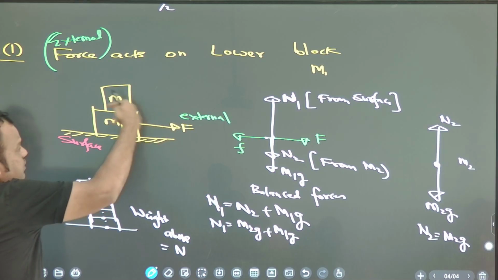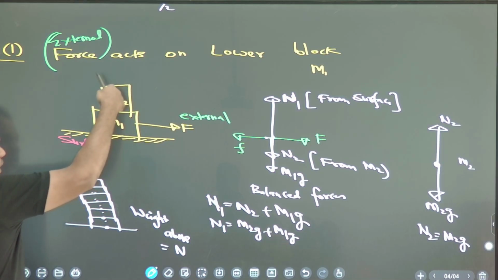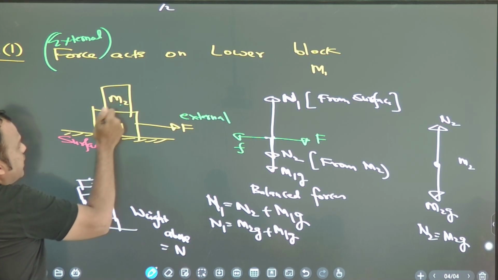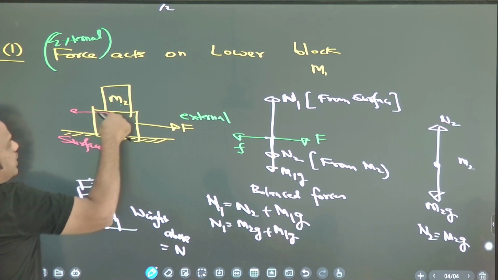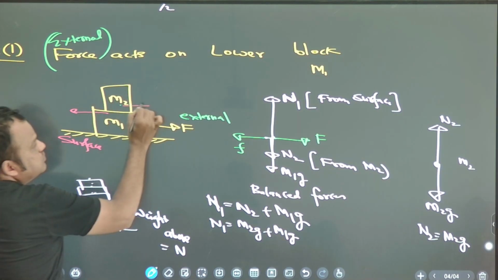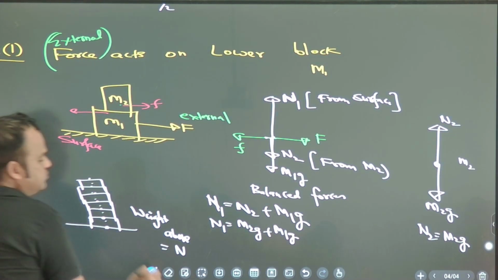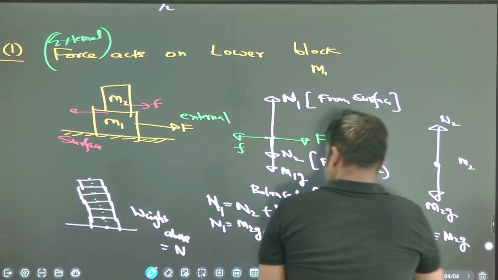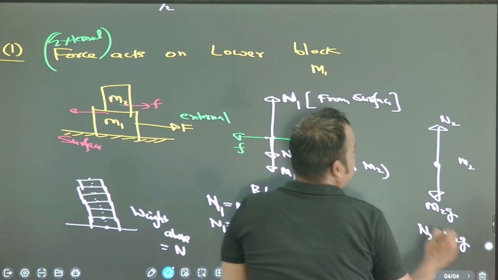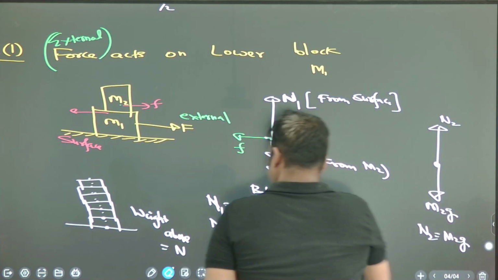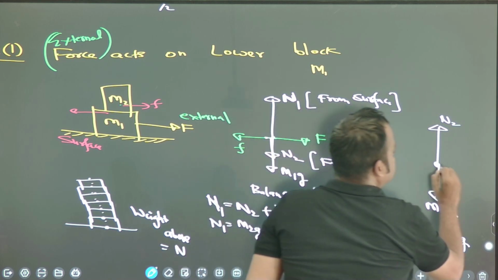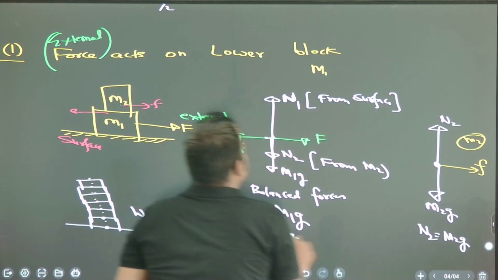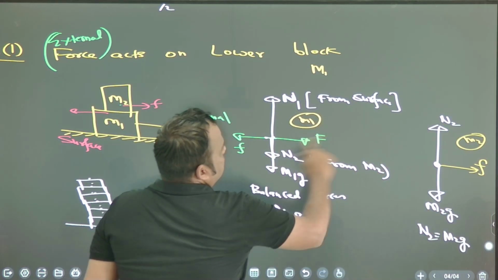Now action reaction. M2 exerts friction on M1 left side. So M1 exerts friction on M2 right side. So for M2, friction will be right side. Note down. So draw this free body diagram.